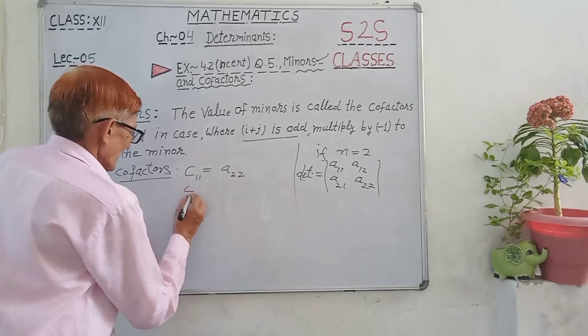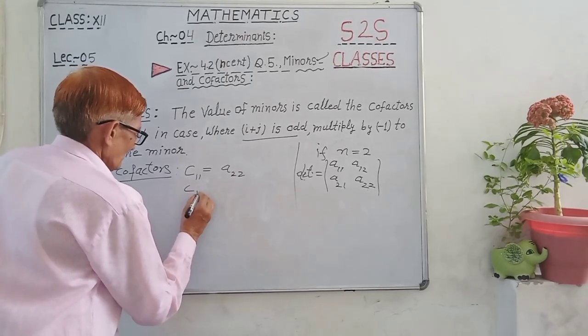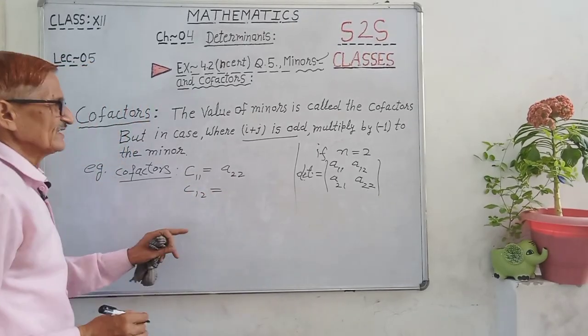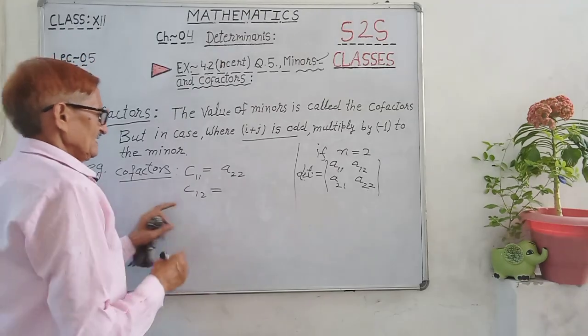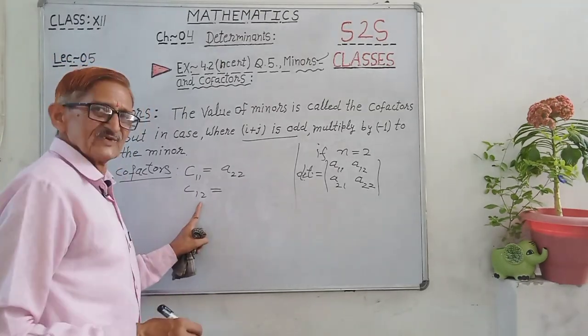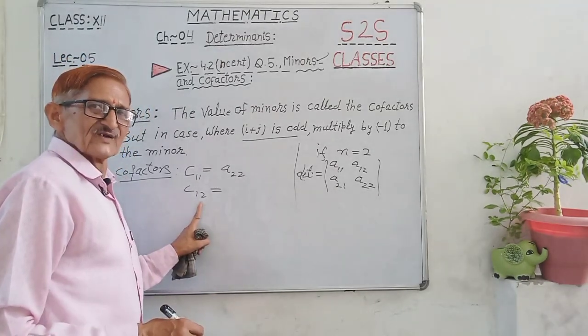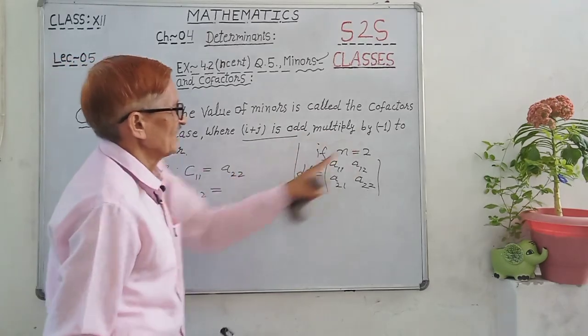Then the cofactor of the element 1 2, C12: the sum of i and j here is 3, which is odd, so multiply the minor by -1.